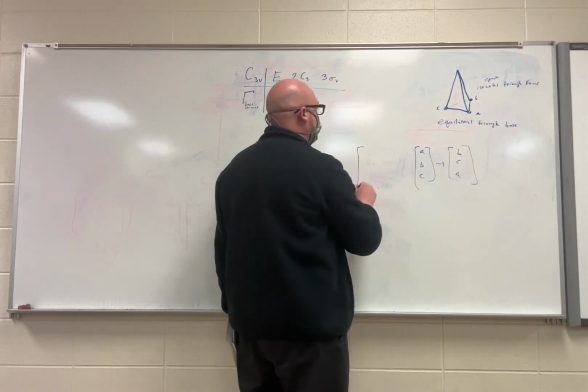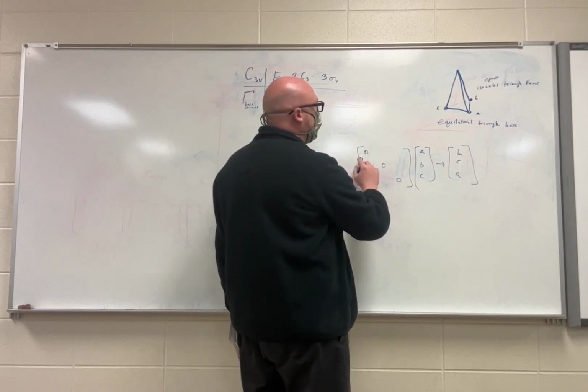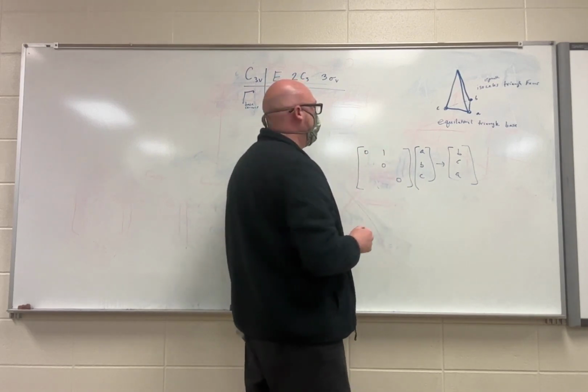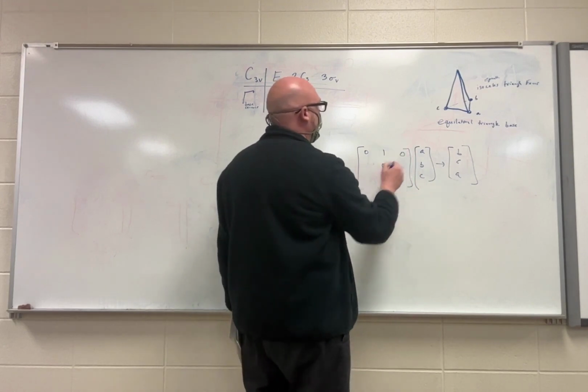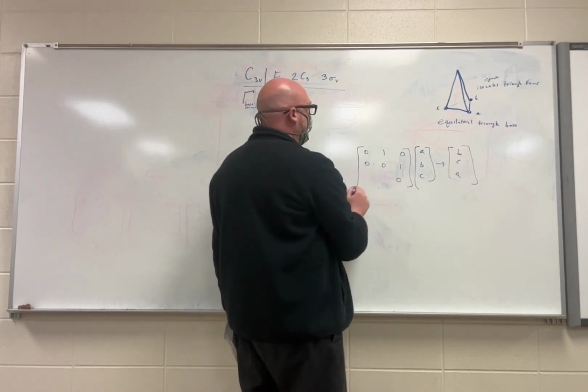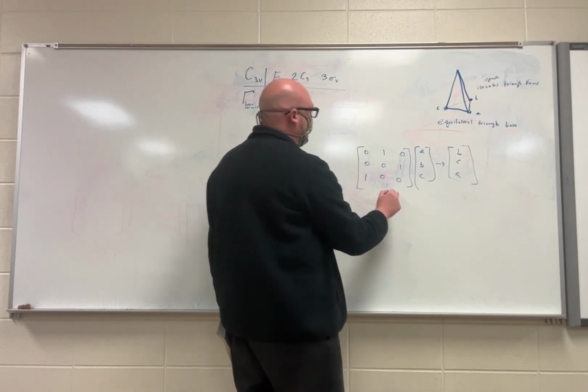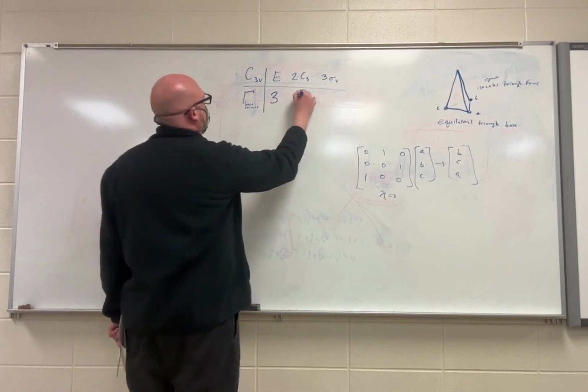And the transformation matrix has no ones on the diagonal. A goes to B, the 1 is off diagonal. B goes to C, the 1 is off diagonal. C goes to A, the 1 is off diagonal. So we have a character here of 0.